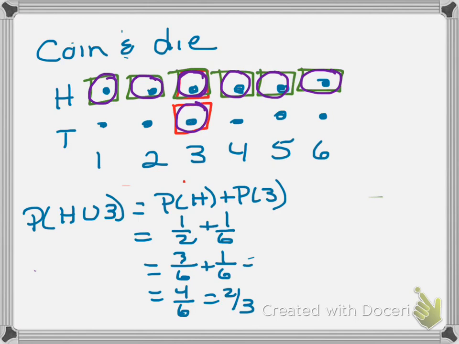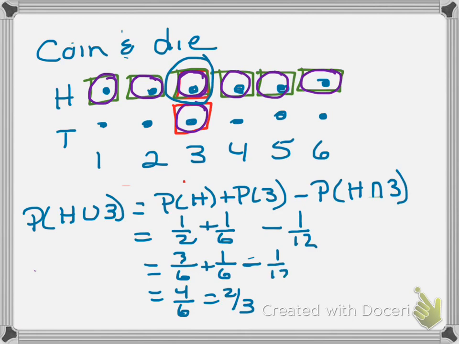But what happened here? I know that 2/3 doesn't equal 7/12. I did the math for this, and 2/3 doesn't equal 7/12. So something happened. Hopefully you realize that one circle I circled twice, and that is this circle here. Notice how I circled it twice? I circled it for the heads and I circled it for the 3s. So therefore I have to subtract the probability of H intersection 3, and there's one of those.